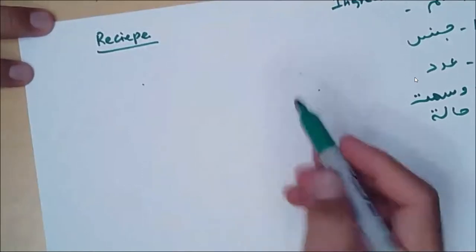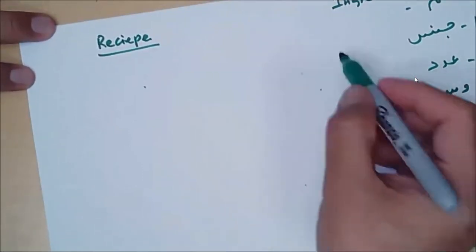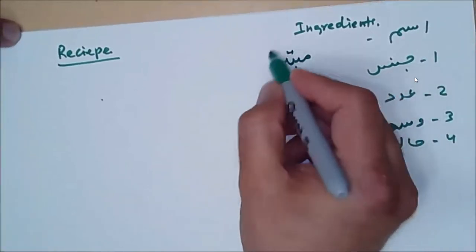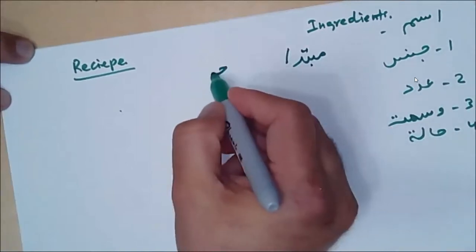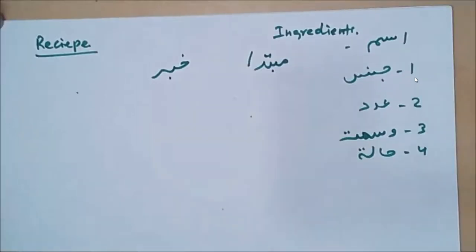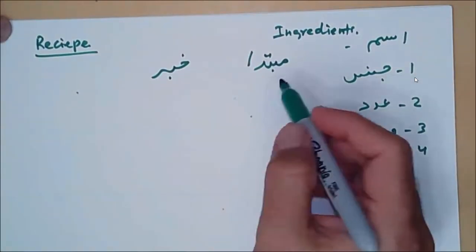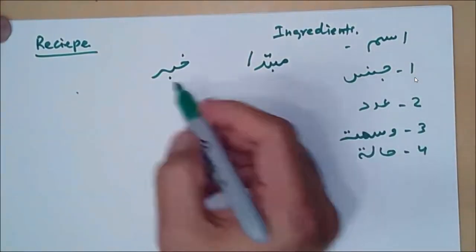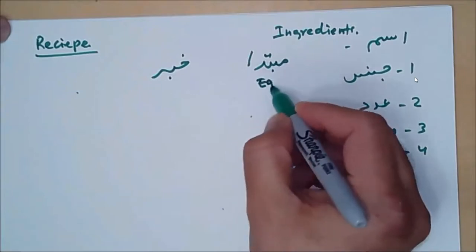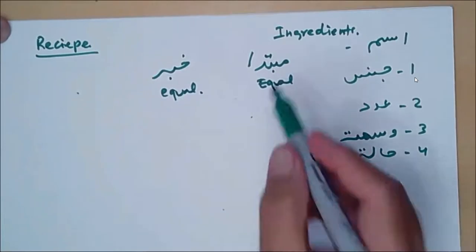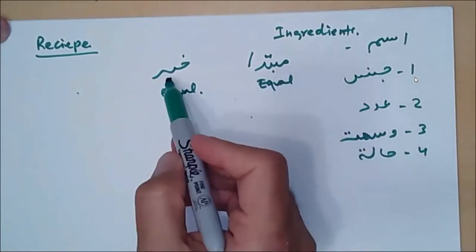So when we talk about jins, let's say we write mubtada here, and we write khabar here. Whenever we're dealing with the jins, the mubtada and khabar will have equal jins. What does that mean? If mubtada is male, the khabar will be male.